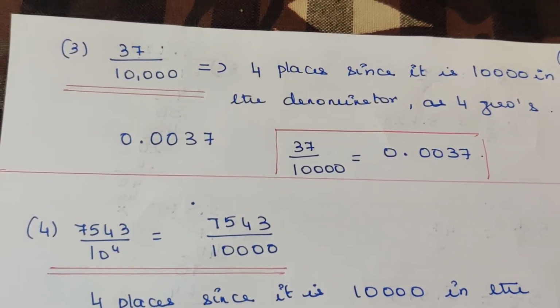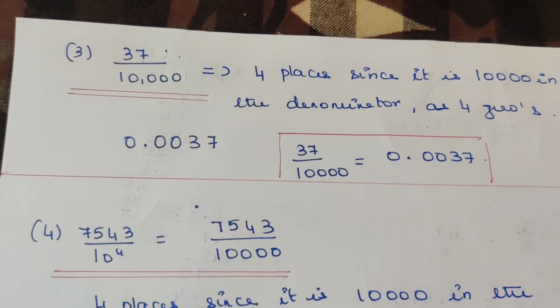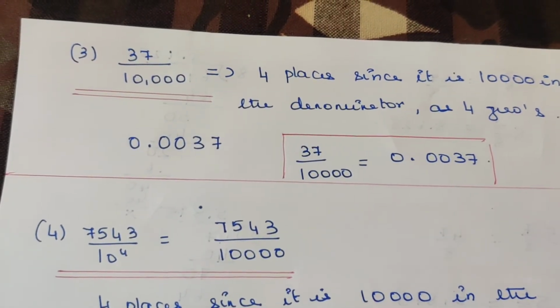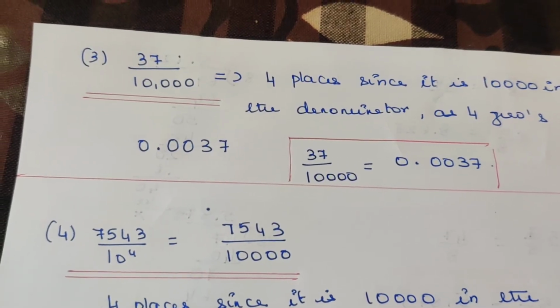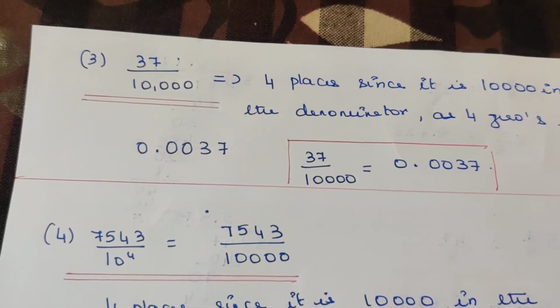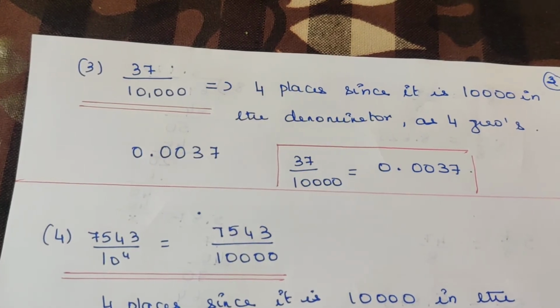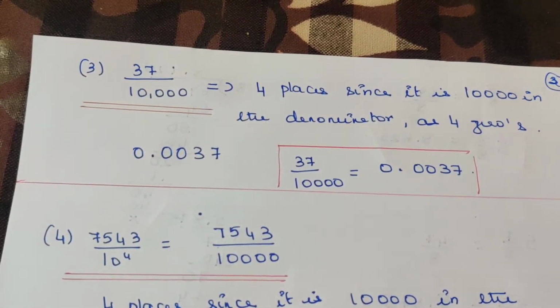So since you don't have any other digits, you add 2 zeros in front of 37 and it becomes 0.0037. So 37 by 10,000 is equal to 0.0037.